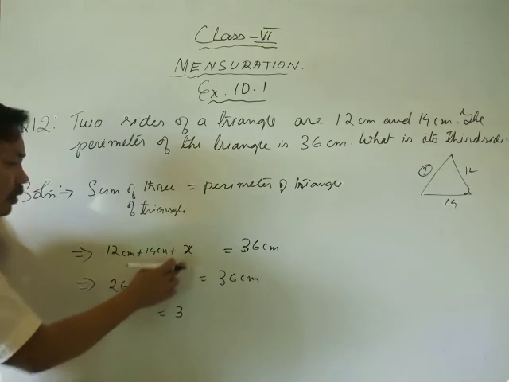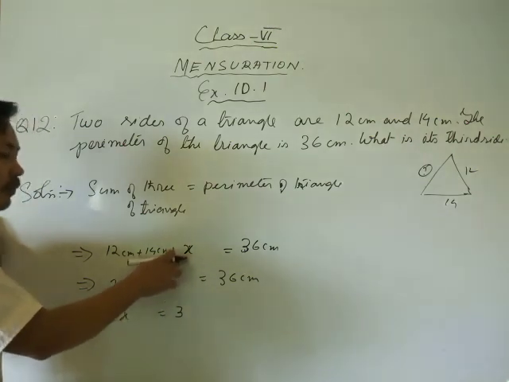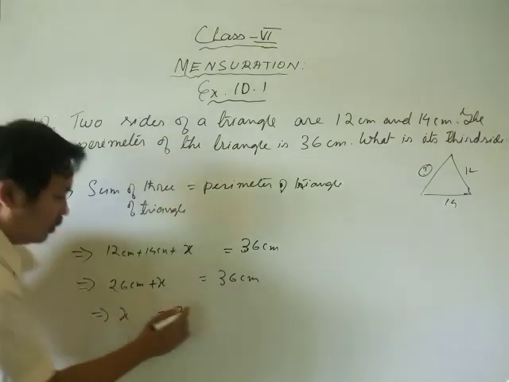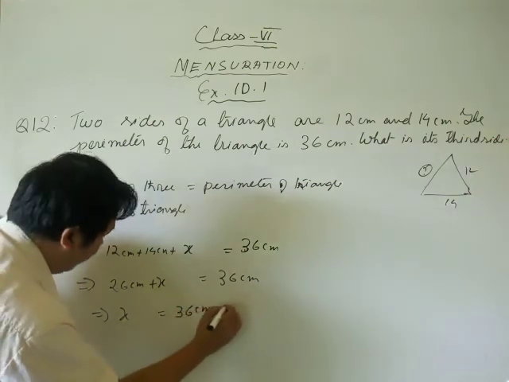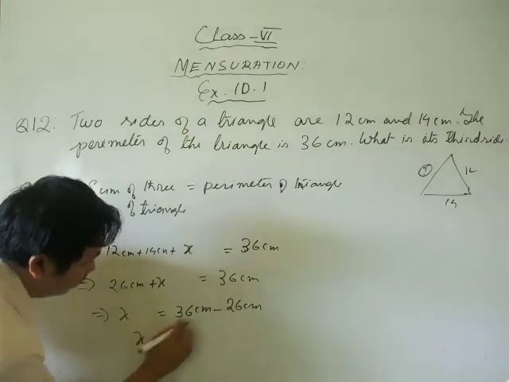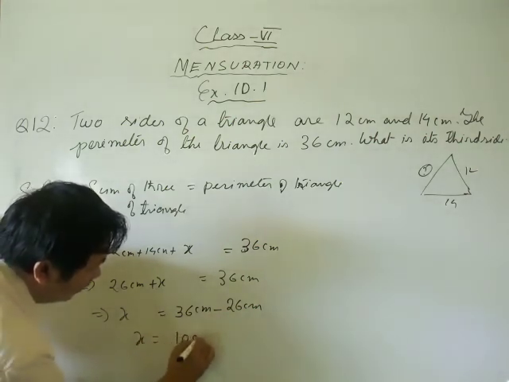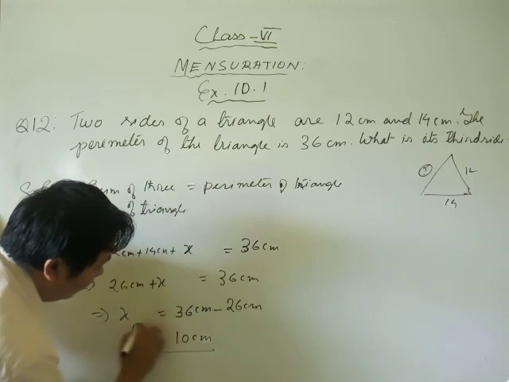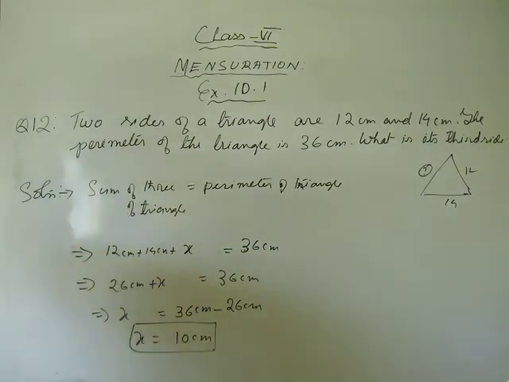We are going to find the value of x. x equals 36 centimeter minus 26 centimeter. Then x is equal to 10 centimeter. So 10 centimeter is the length of the third side.